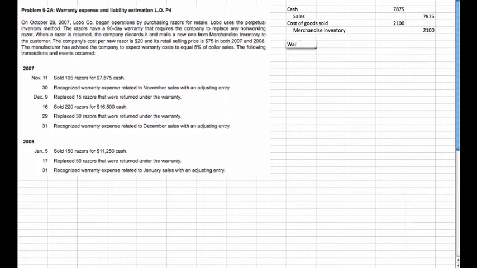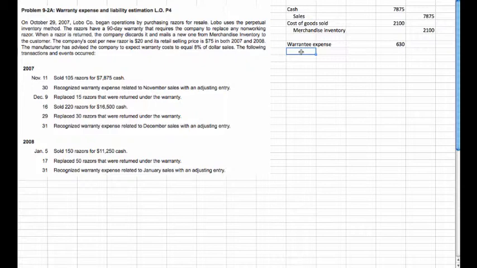So we're going to debit warranty expense, and the warranty expense is going to be the amount of the sale times 8%, or $630. Now, granted, the $630 is a warranty expense.